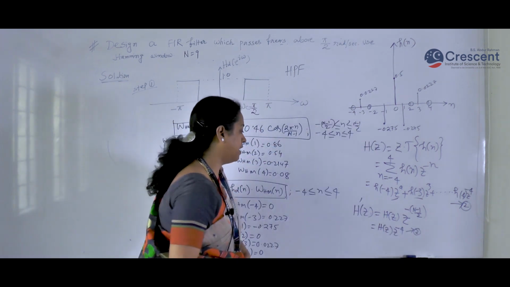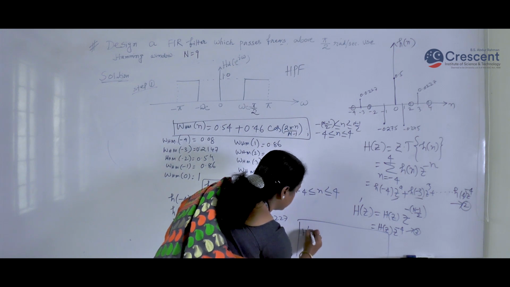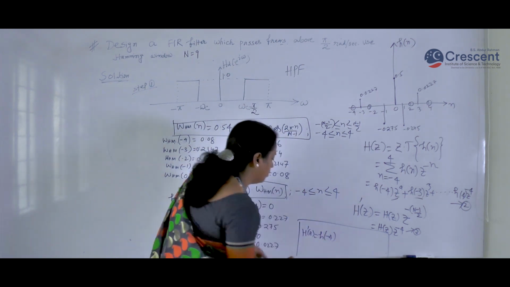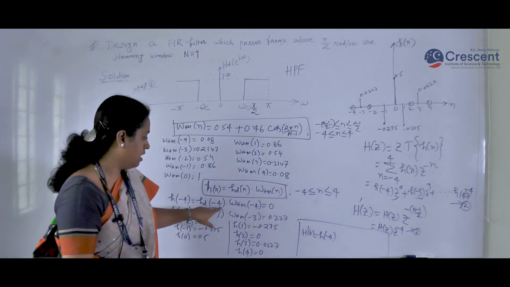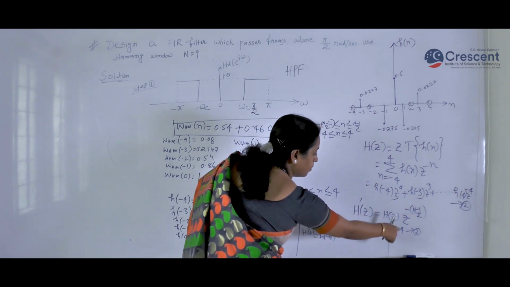So what we will be getting as H'(z), which is the physically realizable filter, is h(-4), whose value we already know here, multiplied by z power 4 into z power -4.